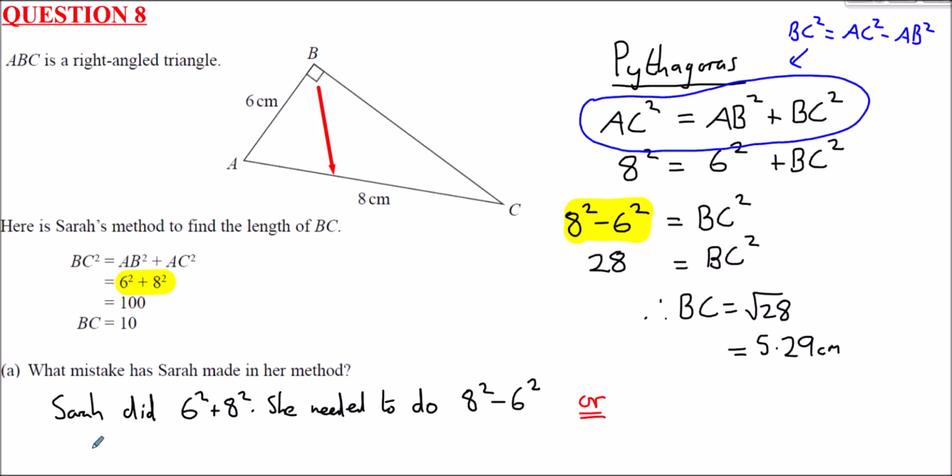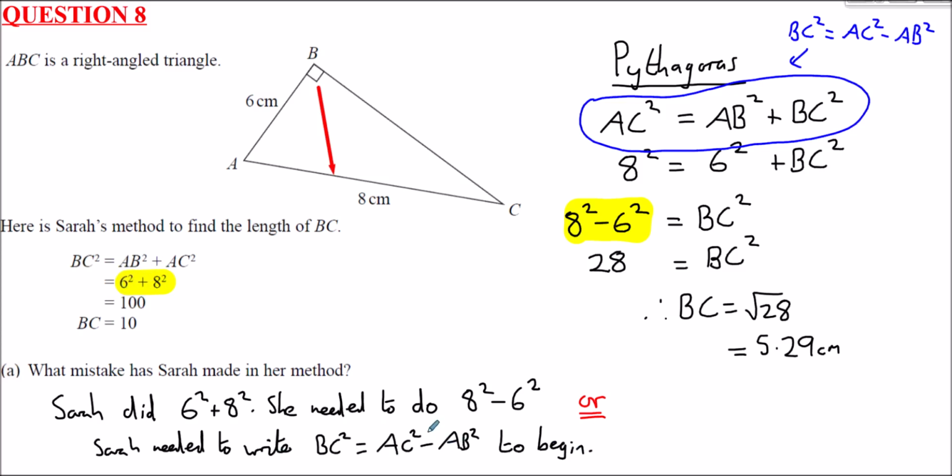Or we could put Sarah needed to write that BC squared is AC squared minus AB squared to begin. So her first line's a mistake, but the first mistake in terms of the calculation you can see is this one here. But of course, if she had set it out to begin with correctly, she probably wouldn't have made such a mistake. Part B is similar.